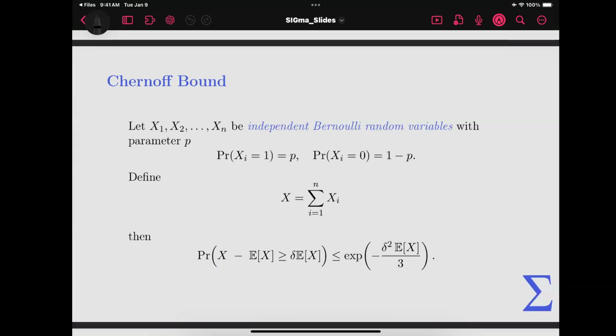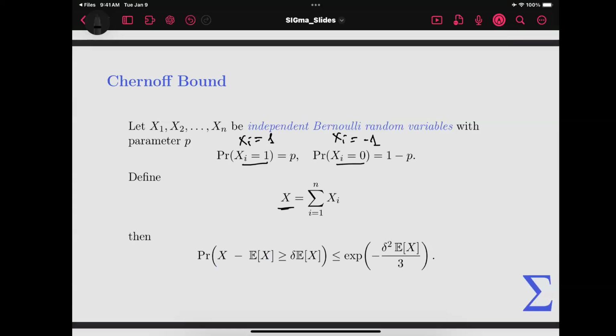Then you can divide your cases into two: the probability that xi equals 1 and the probability that xi equals 0. That does not matter; you can also state xi equal to 1 and xi equal to -1. It just has to be a Bernoulli distribution. And your x has to be defined as the sum of them.